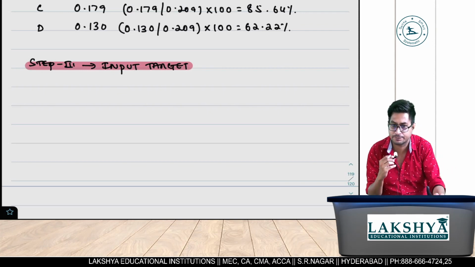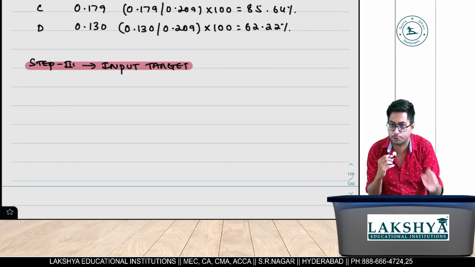What is the input here? Capital employed. And what is the output here?